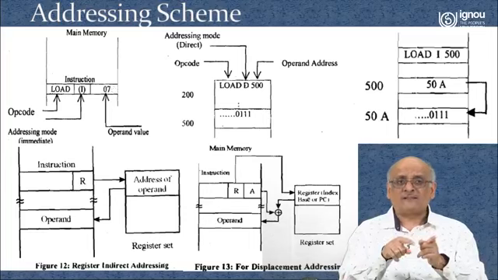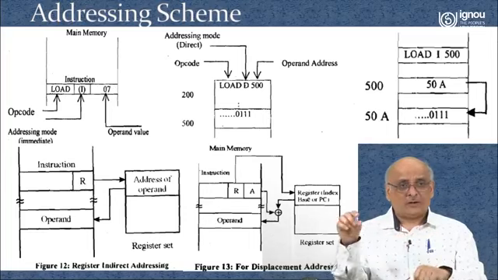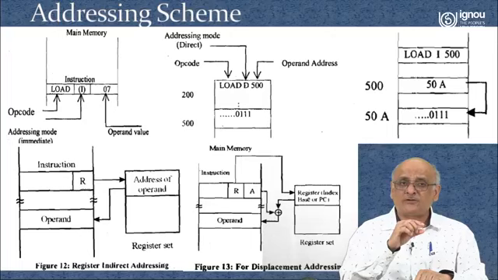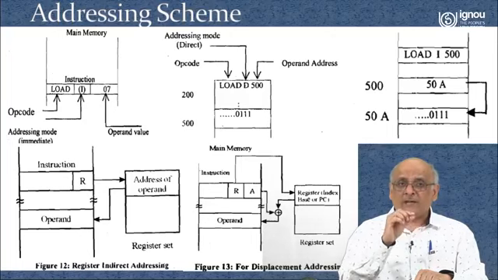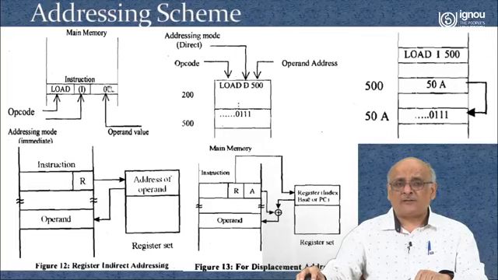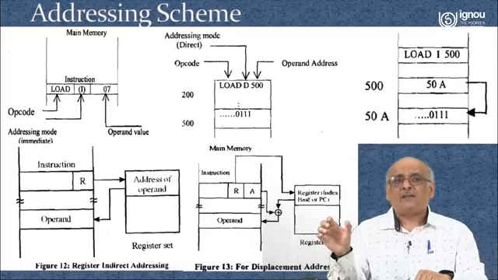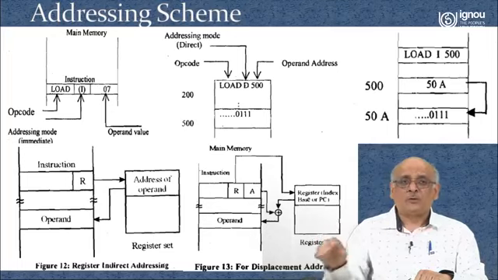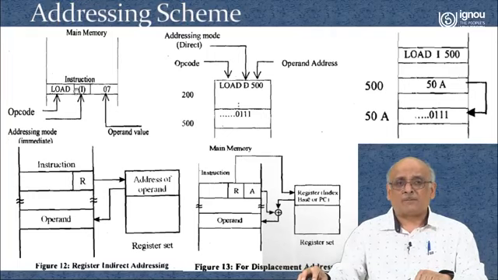So when this load statement is to be executed, obviously this instruction will be fetched into the instruction register and decoded, and when we know that the addressing mode happens to be immediate, whatever value, 07 here, is in the operand field will be directly transferred to the first operand. In this particular case, it should be AC. So this value will be transferred to AC. You have initialized the value of AC to 07.